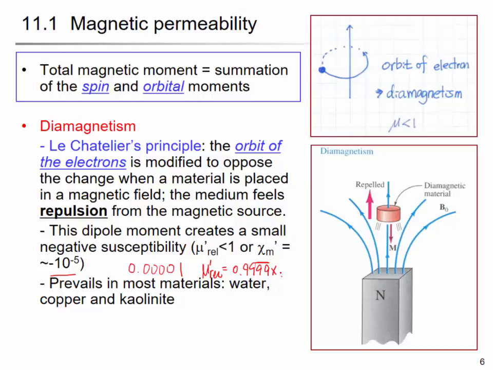So here, copper, and kaolinite in the soil minerals, and water are diamagnetic materials.